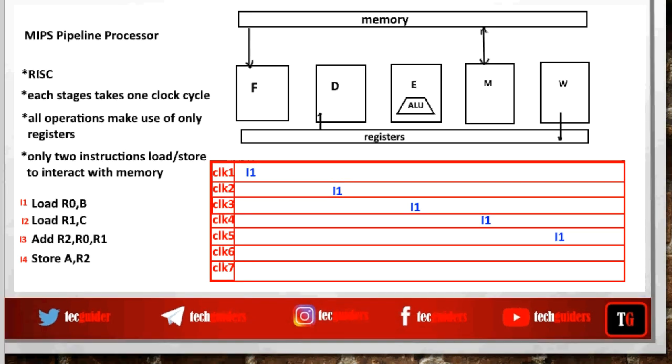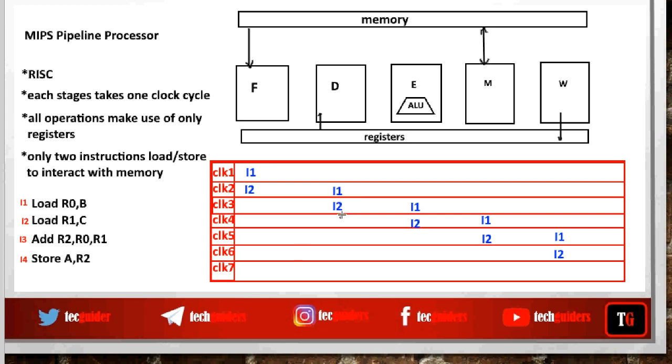Now consider our second instruction I2, where the operand is accessed from the memory location C to the register R1. So in clock cycle 2, while instruction I1 is in the decode stage, the fetch unit can start fetching the instruction I2. In the next clock cycle the instruction is decoded.